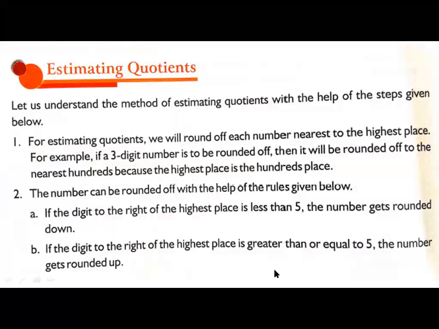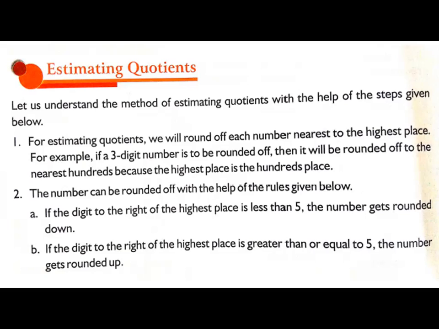There are some methods of estimating quotients. With the help of the following steps, we can discuss. The first step is, for estimating quotients, we round off each number to the nearest highest place. For example, if a 3-digit number is to be rounded off, it will be rounded off to the nearest 100 because the highest place value is 100.